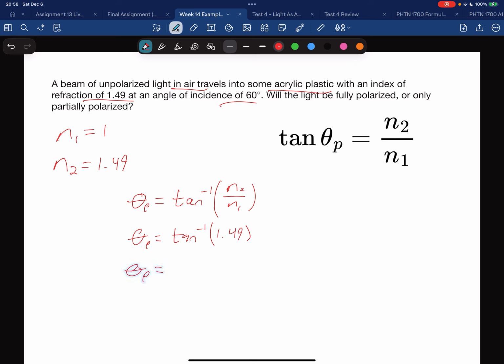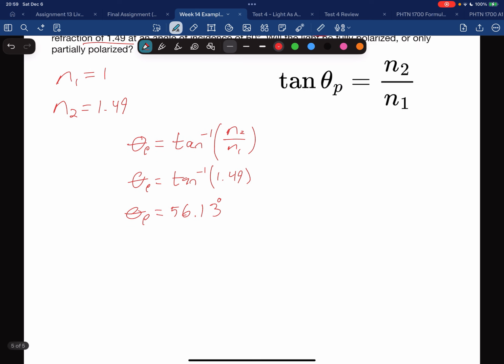Punching in my calculator just to be sure, I am actually getting 56.13 degrees. So my memory was off. And that is my polarization angle.